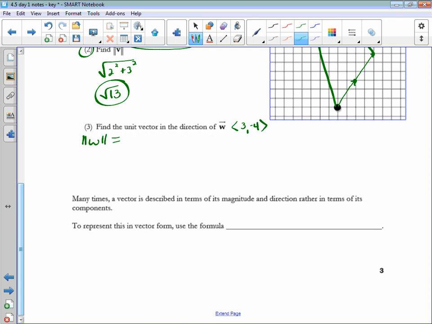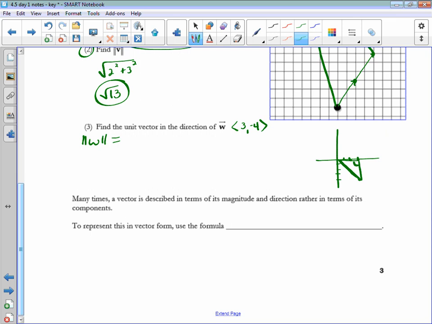It's the formula on the previous page. It's coming from the Pythagorean theorem. Let me just show you why. So this vector 3, -4. So 1, 2, 3, 1, 2, 3, 4. If I want to find that length, do you see the little right triangle that's there?